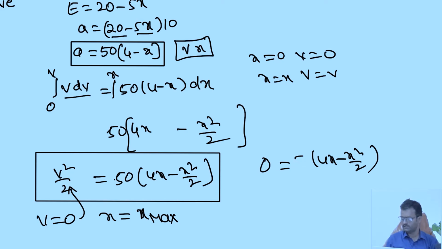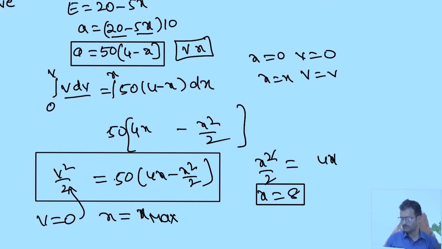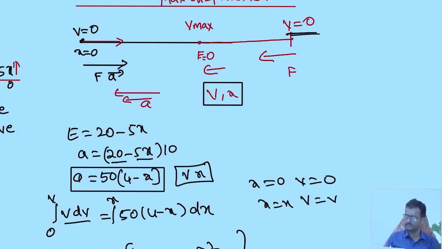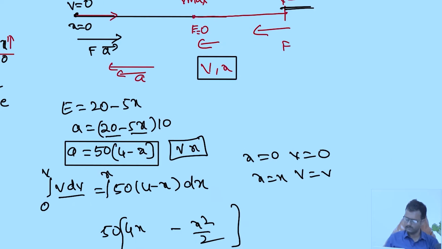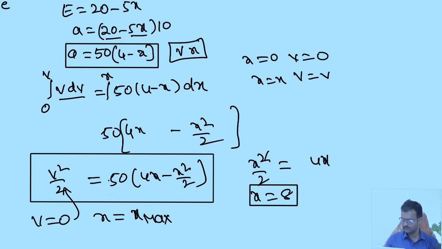Bring 50 to this side, so 0 by 50 is 0. Bring minus x square by 2 to this side, then it becomes plus x square by 2. So one x cancels and x is equal to 2 times 4, that is 8. So at x equal to 8, the maximum displacement is 8. So this is x maximum.